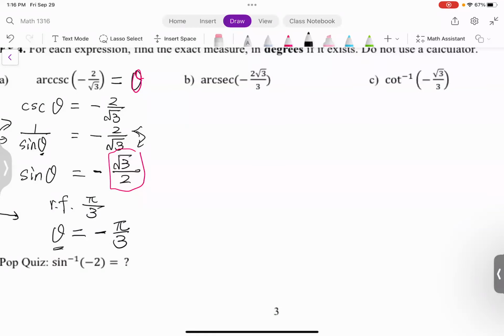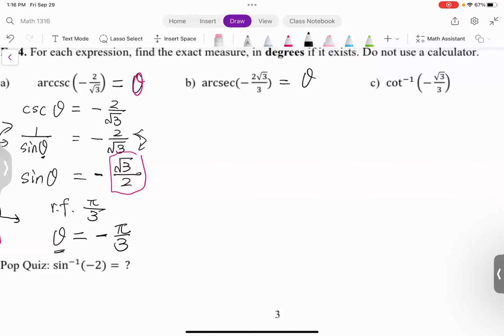This one looks difficult, but we always assume this equals theta, or you can say beta. So if I say it equals theta, rewrite it in the regular form. I have secant theta equals negative 2 square root of 3 over 3. And I can convert the secant into 1 over cosine.